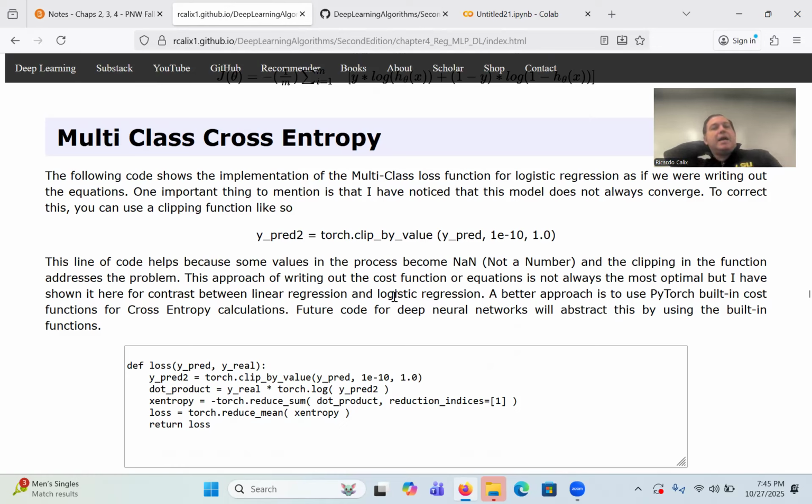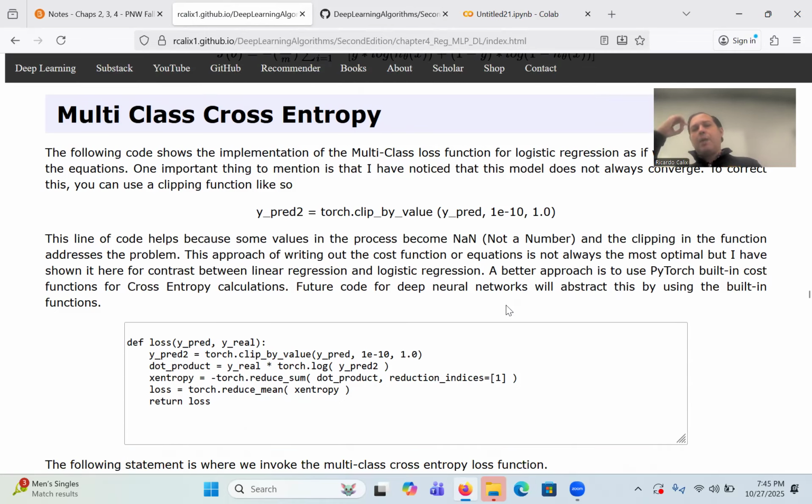This approach of writing out the cost functions or equations is not always the most optimal, but I have shown it here for contrast between linear regression and logistic regression. A better approach is to use the PyTorch built-in functions of cross entropy, which provide a lot more. So for instance, if you use the equations, obviously you have to do the one-hot encoding, right? It's not going to do it for you.